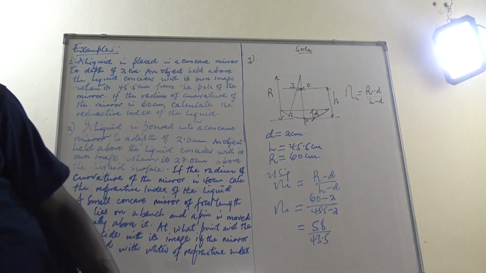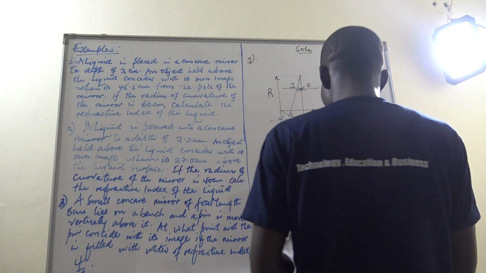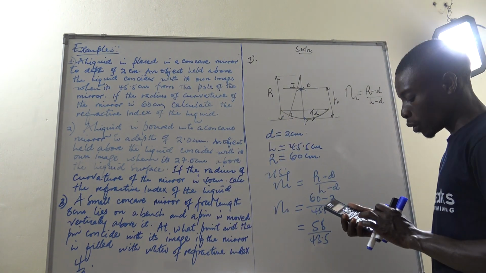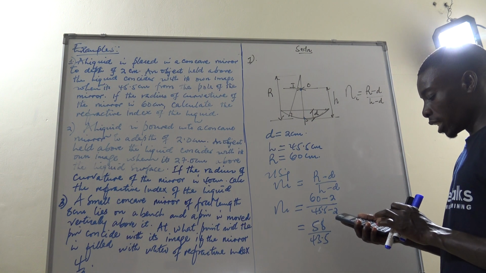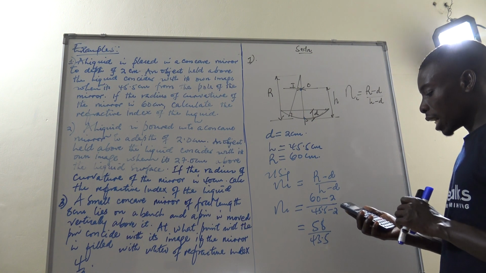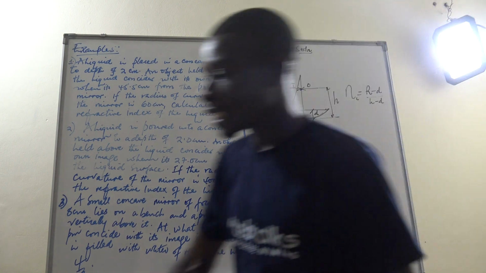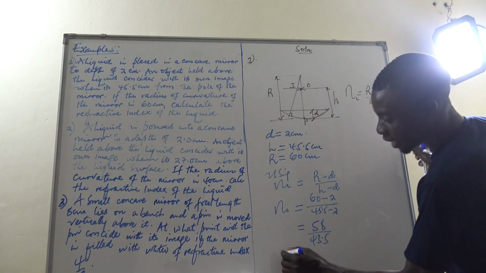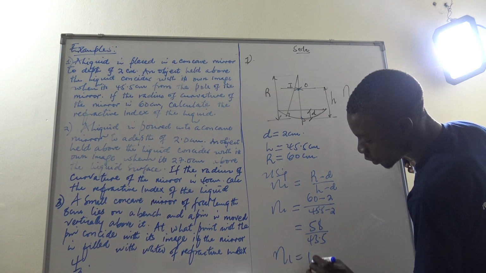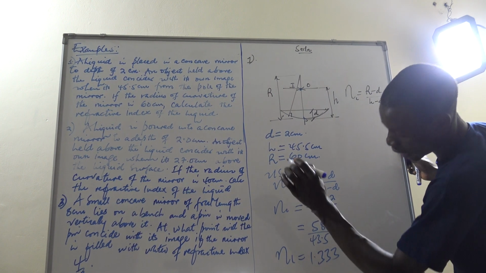So what is our answer? Then you can get your calculator. I'm inviting you to get your calculator and then you tell us 58 divided by 43.5. And then that is 1.3333 recurring. That means that our refractive index of the liquid here is 1.33.